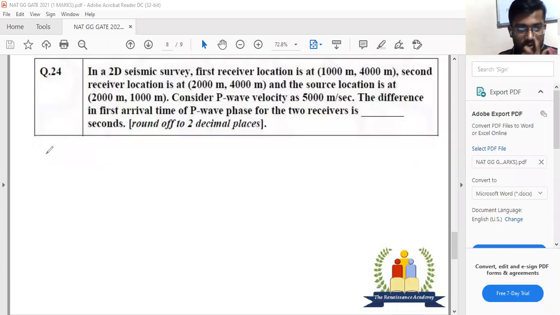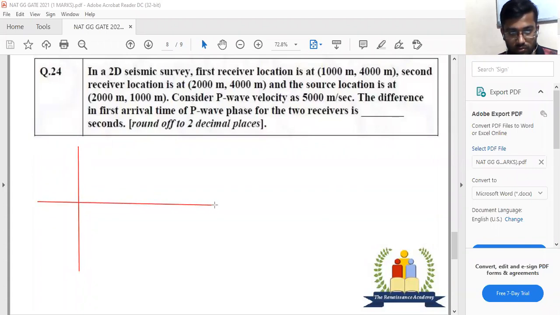In a 2D seismic survey, first receiver location is at the given coordinates. Okay, so locations are given. So first we draw a graph, something like this.